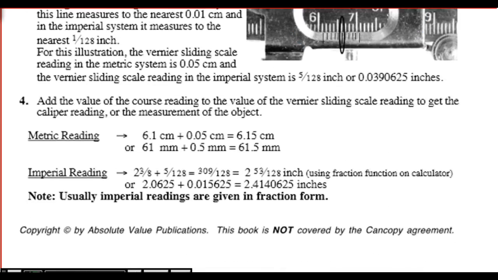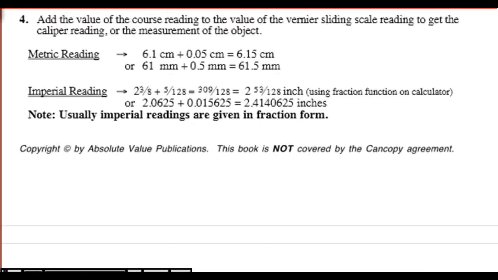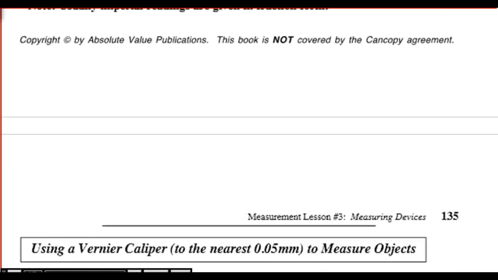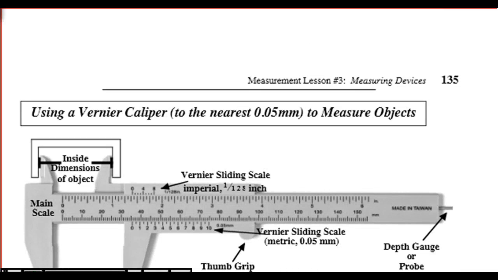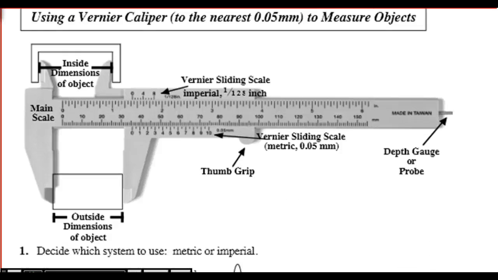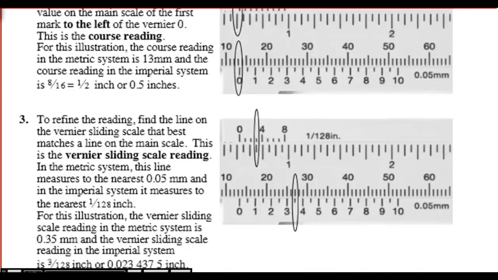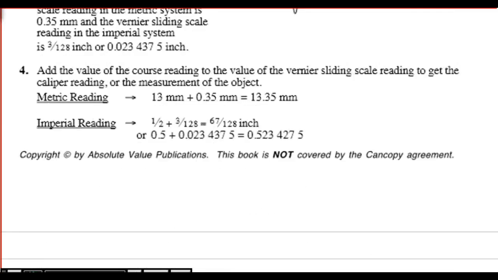So go ahead and read through all this, and we're going to get a chance to practice this in class. I'm not going to read it for you, and again, there's not really a lot of math here. The math starts in lesson 4, so I'm going to count on everybody to read this, and we will do some practice with these instruments in class.